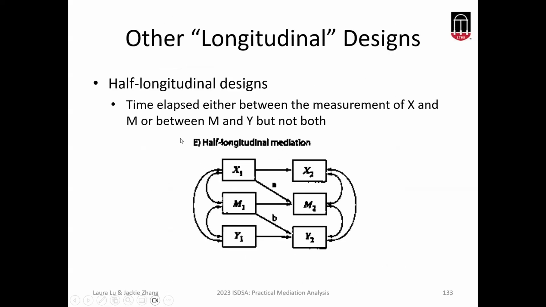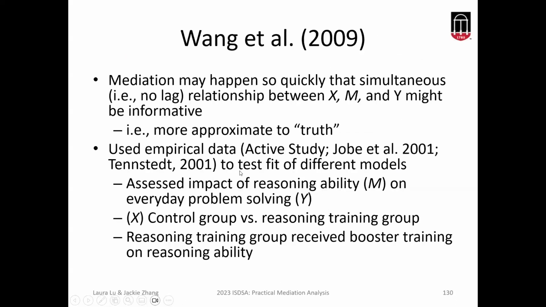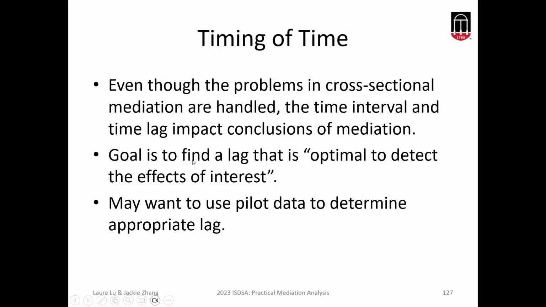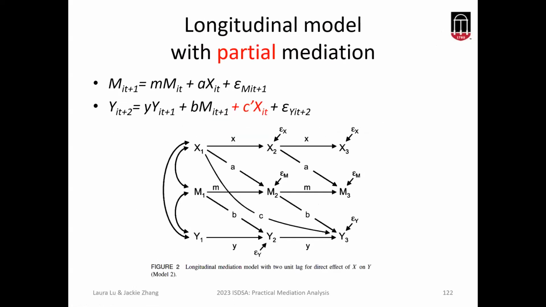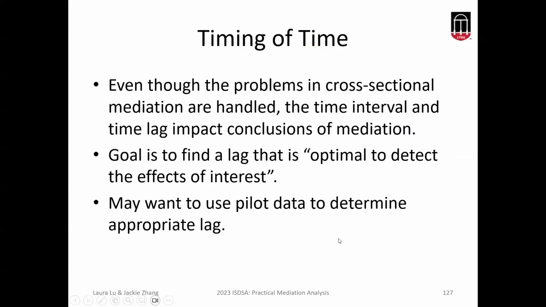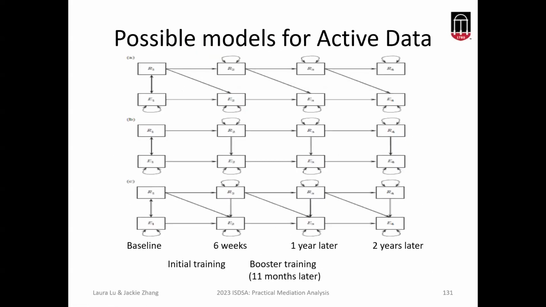And we may also have half longitudinal data. In this case, it's not 3 time points, it's 2 time points, it's half. In the previous case, these 3 variables were measured at 3 time points, X and Y, but you can also have half longitudinal cases.